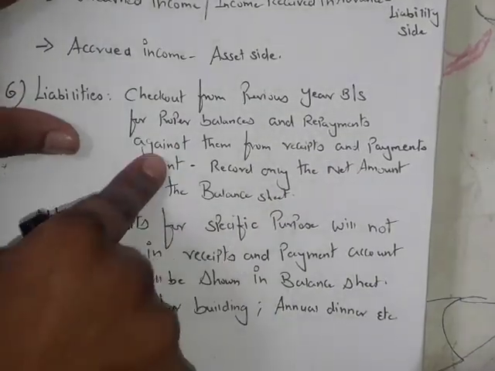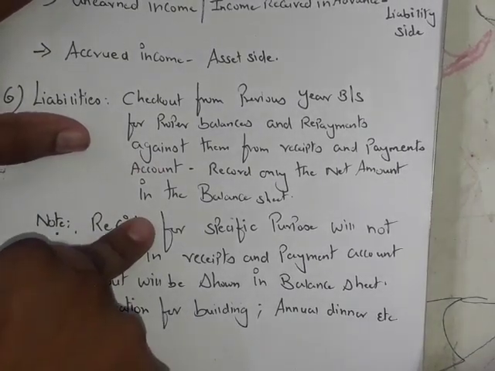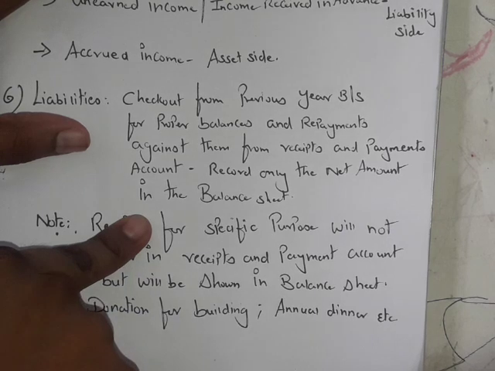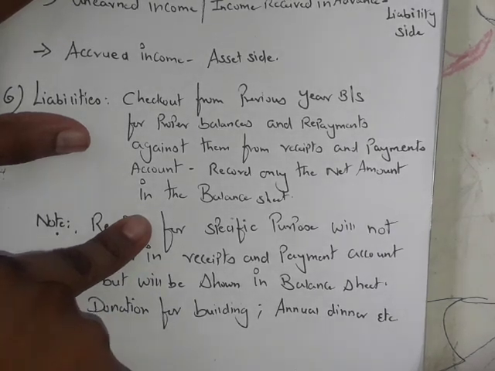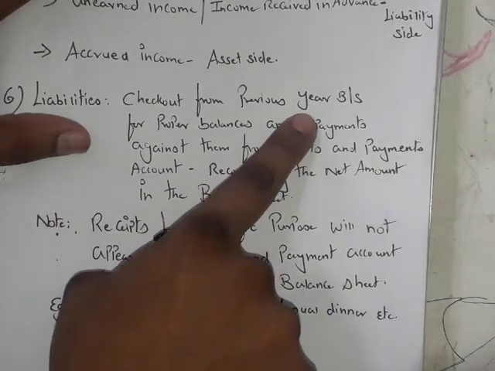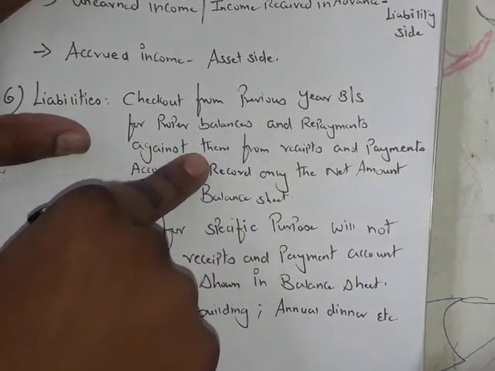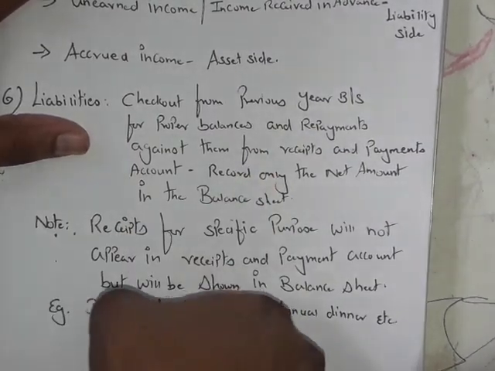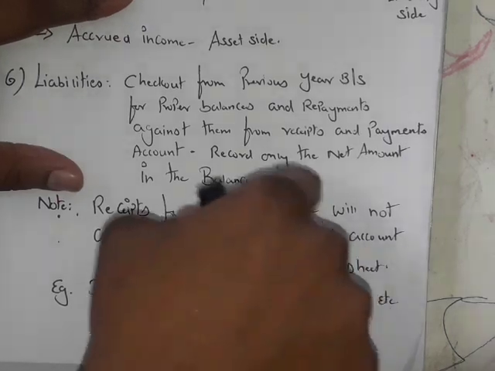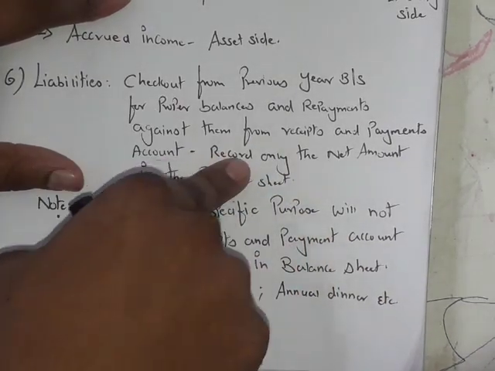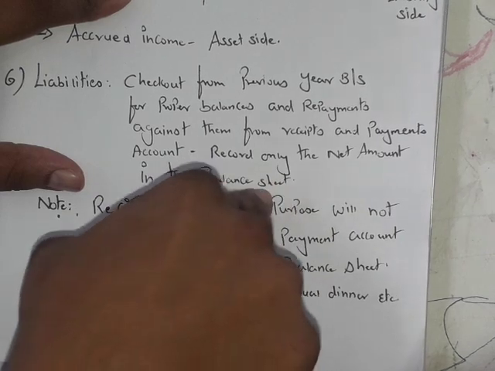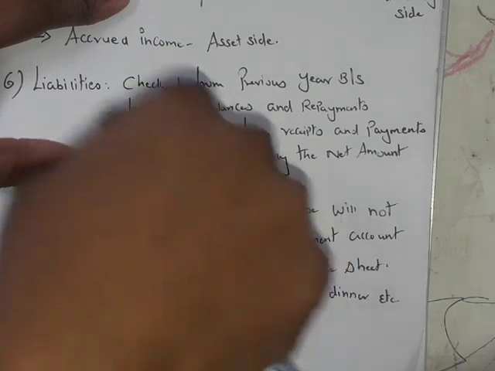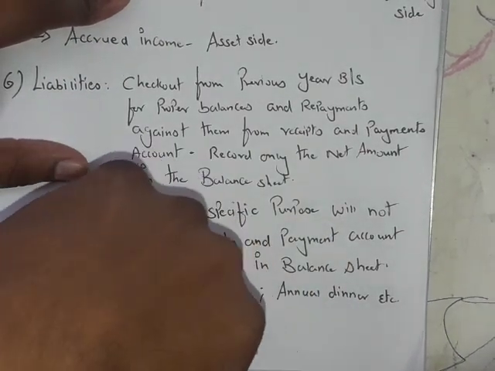So whenever you are going to prepare the liability for the current year, you need to bring out the items which are still remaining as a liability in your books of accounts by looking at your previous year balance sheet, and in that you need to make sure if any payment is done against certain items of liabilities, then those payment amounts are to be eliminated and only the net amount recorded in your balance sheet. Able to follow, students? In this, you need to be very cautious.